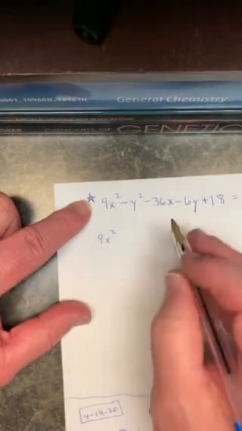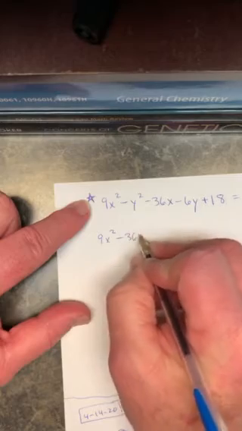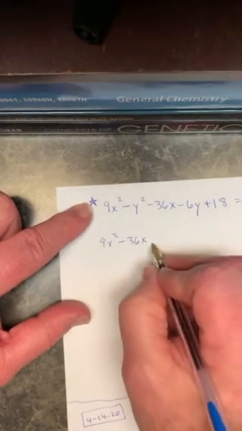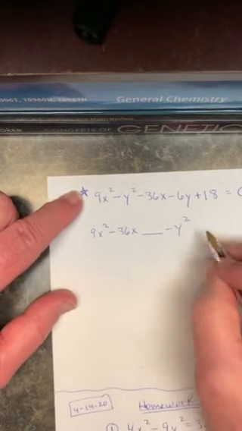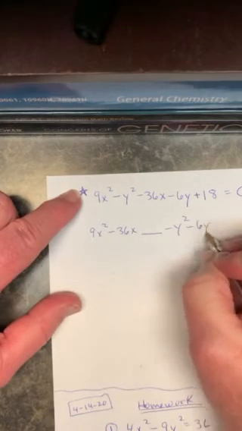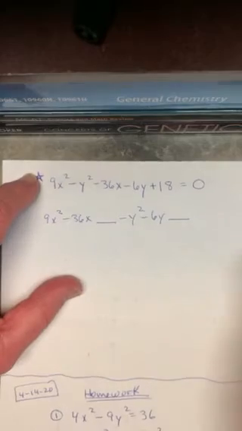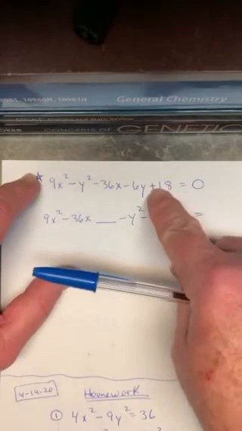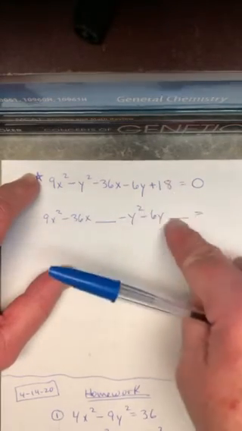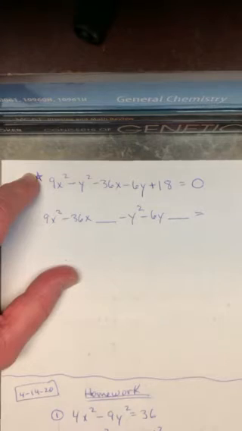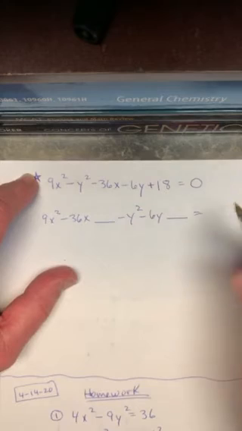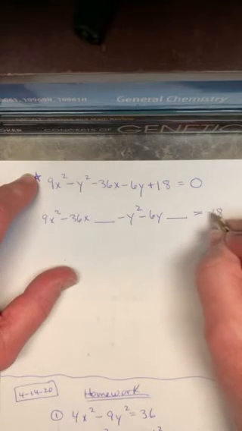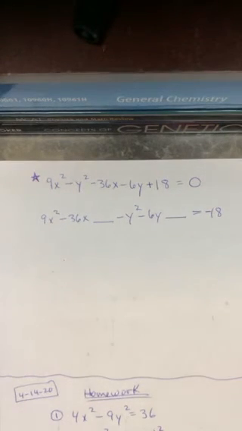The letter that's part of its family is the minus 36x. I'm going to leave a blank space. Then I'm going to write minus y squared minus 6y, leave a blank space. And since that positive 18 doesn't belong to the x or the y family, it gets shoved to the other side. So if I subtract it over, you agree that would be negative 18.